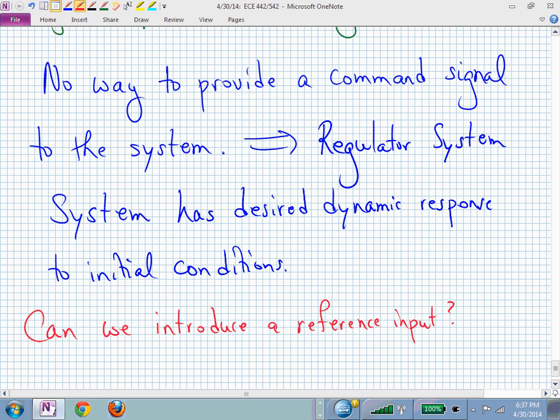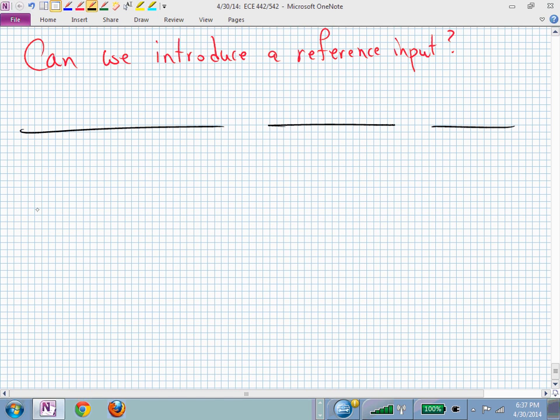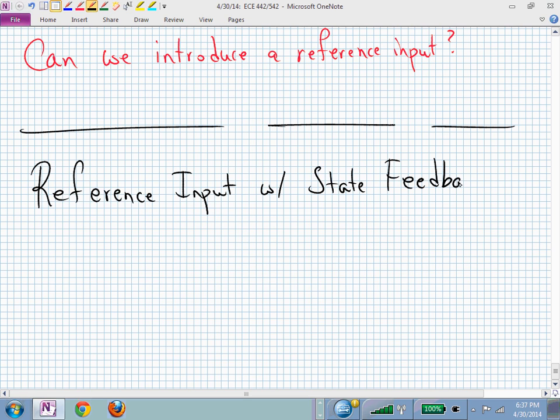We just created u to be minus kx. Why don't we add a little bit more to that? So now let's look at a reference input with state feedback.